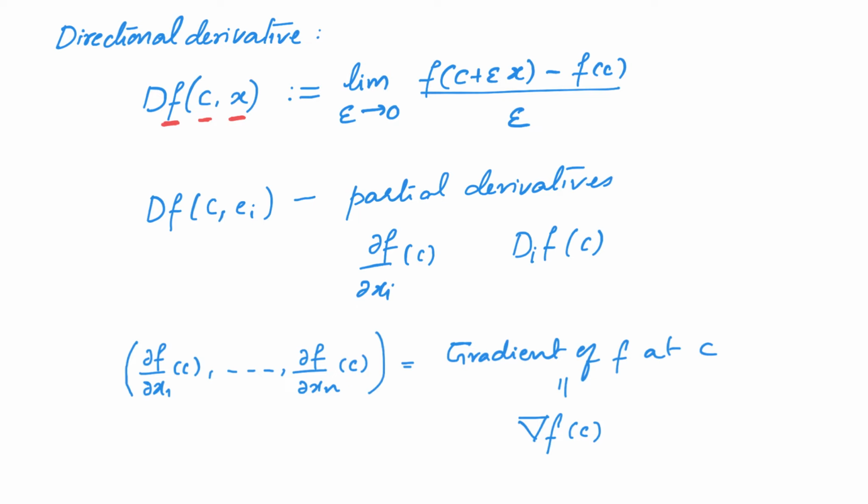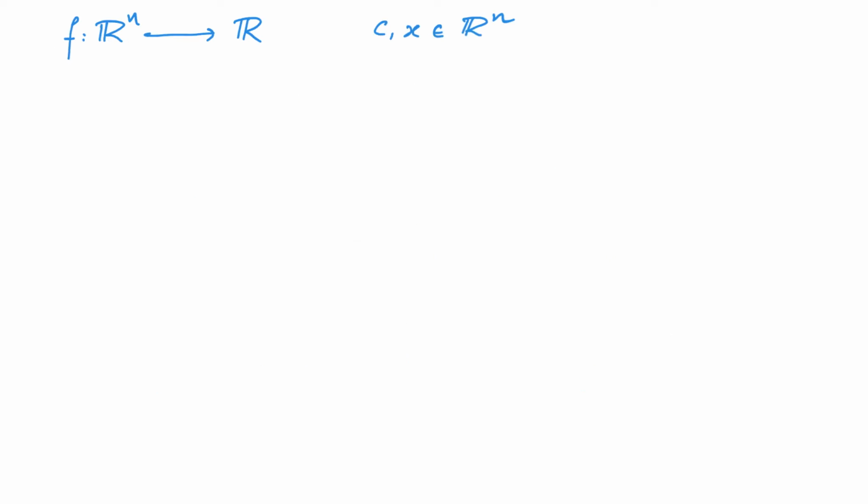I had casually remarked earlier that these directional derivatives, or in other words these limits, are one-dimensional in nature. Let me make this remark more precise. Let the setup be as before. That is, f is a function from Rn to R and c and x are points in Rn.